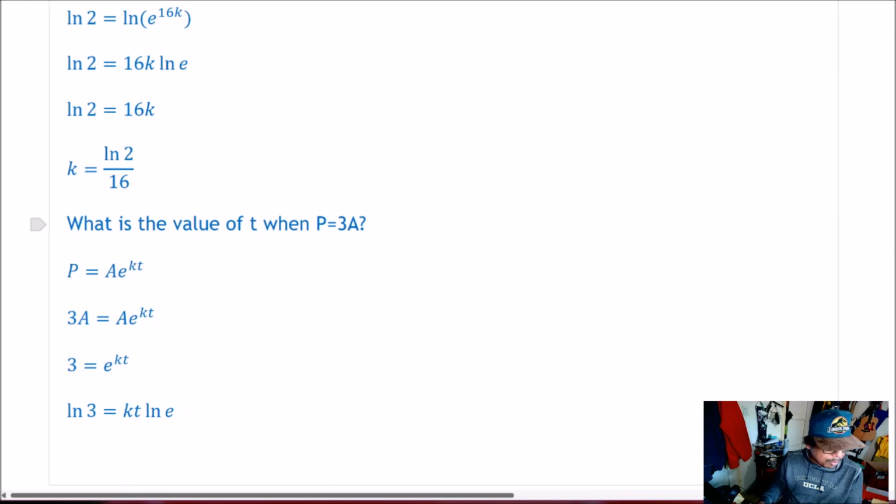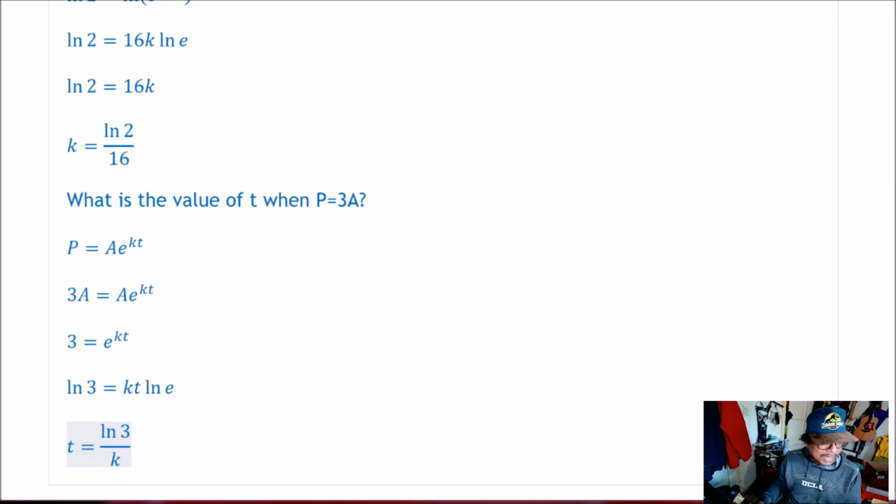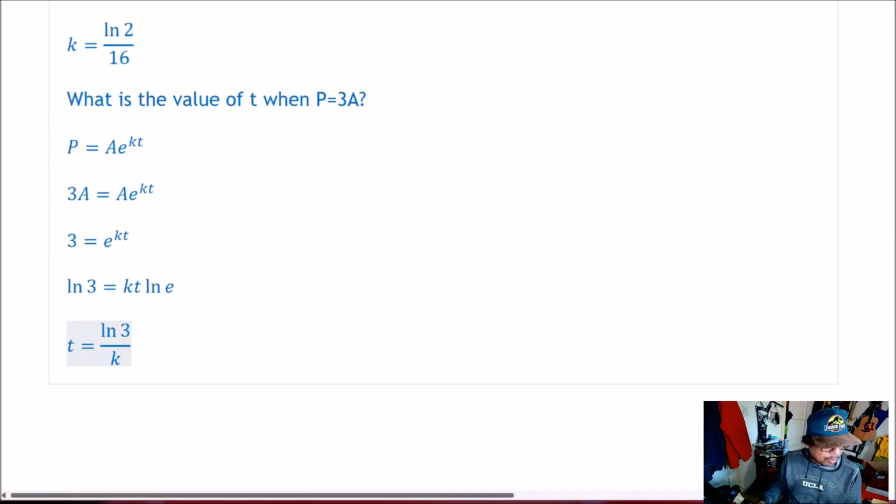Learning our lesson from previously, we know that when we take our natural log of e to the kt, that's the same thing as kt multiplied by the natural log of e, which again is just 1. So we've got natural log of 3 is equal to kt, and we get that t is equal to the natural log of 3 divided by k. And we'll just set up that's approximately equal to, and we'll get to our calculator now.